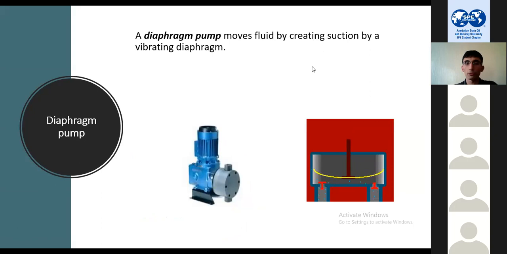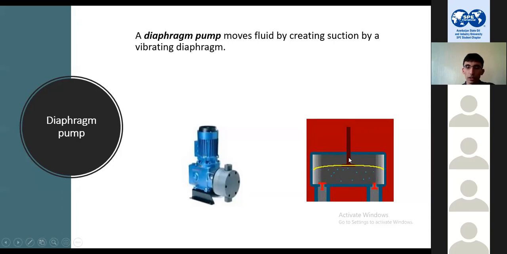This is another type of pump, called a diaphragm pump. It's a type of positive displacement pump, so it's not rotational. As you can see in the picture, as this shaft goes up, it pulls back the diaphragm and makes the volume inside increase, creating suction, and then this valve opens. It's the inlet of the pump.